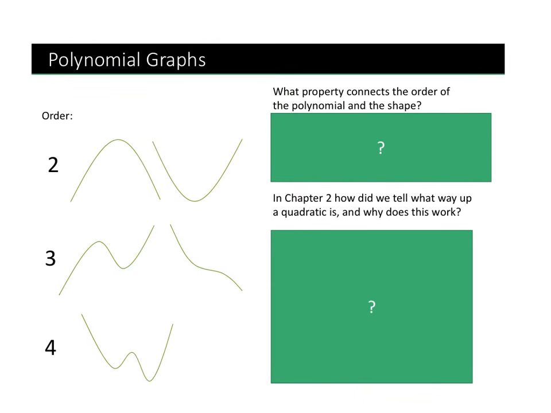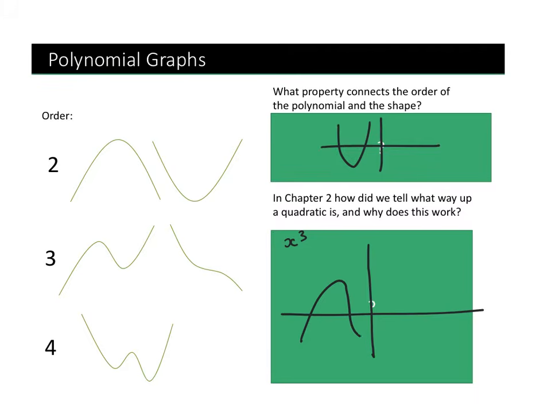Okay, polynomial graphs. Now, believe it or not, if we have an order 2, when we cross the x-axis, normally we would cross it twice. If we have a cubic, what would be the maximum amount of times we could cross the x-axis? 3 times. 1, 2, 3.